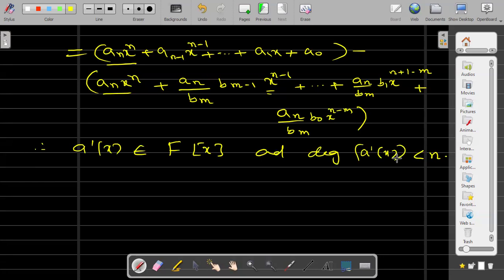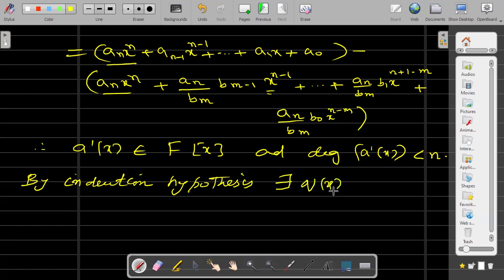Now you apply the induction hypothesis. By induction hypothesis, there is q(x), r(x) in F[x], such that, we should write q dash x and r(x), such that we have the following.